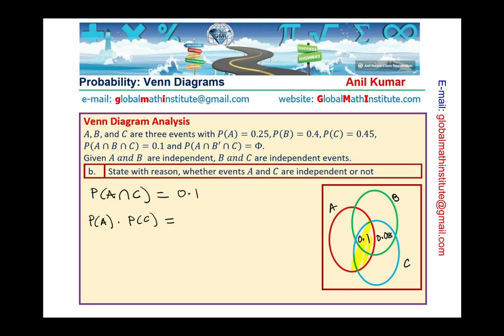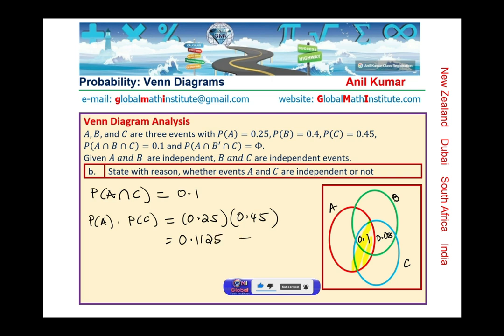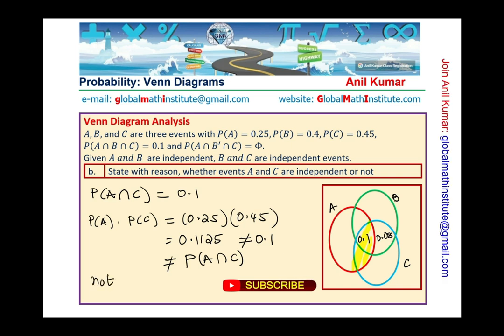So if you multiply A and C, I get 0.25 times C probability 0.45, correct? Which is 0.1125. And since this is not equal to 0.1, I mean it is not equal to the probability of A intersection C, we say they are not independent events.